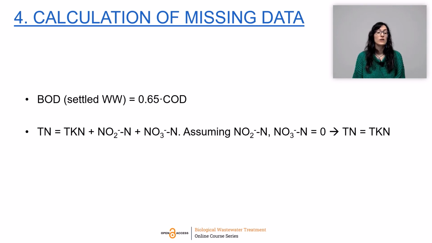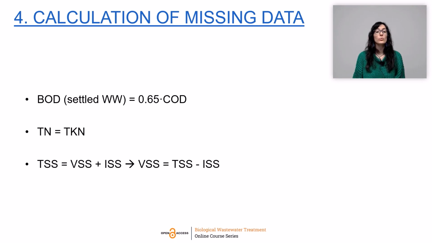And this way, we can calculate the total nitrogen concentration for both raw and settled wastewater. Lastly, we have to calculate the VSS concentrations. We know that the total suspended solids are equal to the sum of the volatile plus the inert suspended solids. Since we know the TSS and the ISS, as they are provided by the exercise, we can calculate the VSS as one minus the other.